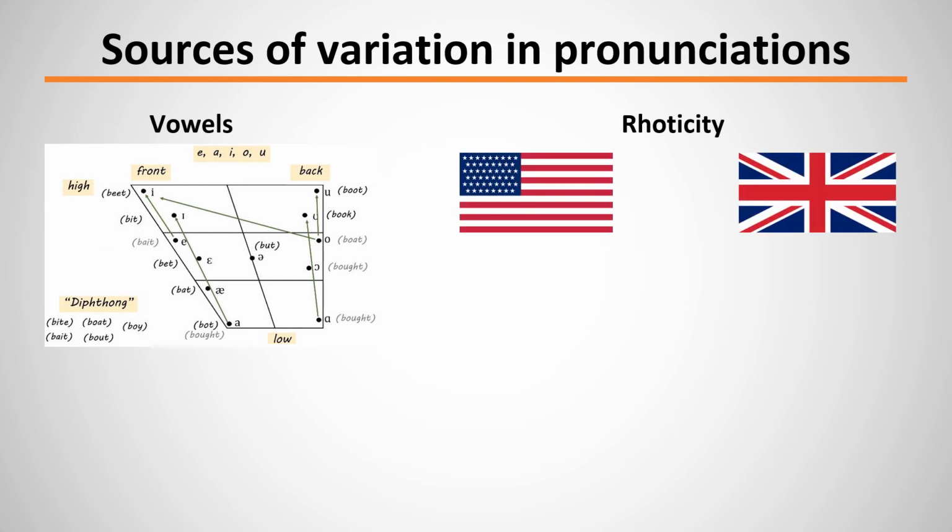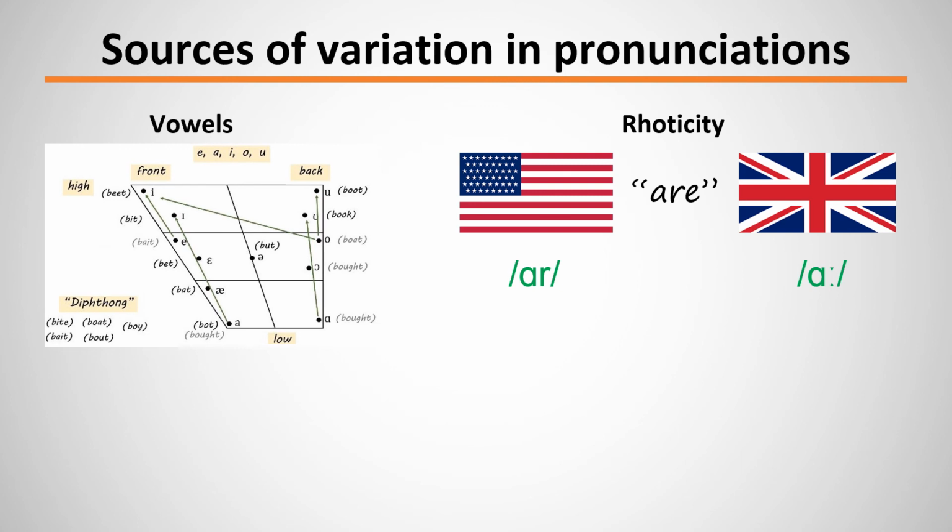As for rhoticity, it is what we most often think of as the primary difference between an American accent and a British accent. So if we ask an American native speaker to say the word R, they would pronounce it as I just did, R. But if we ask a British speaker to pronounce this word, we would probably get aw, right?